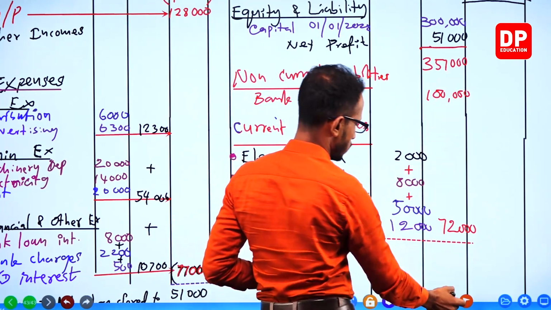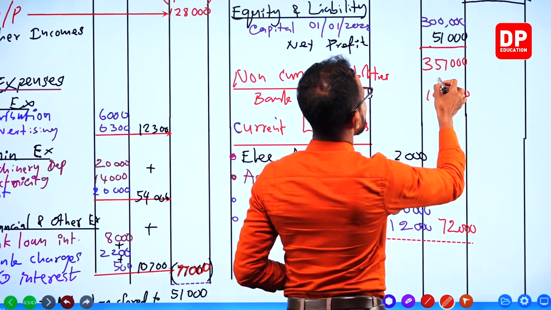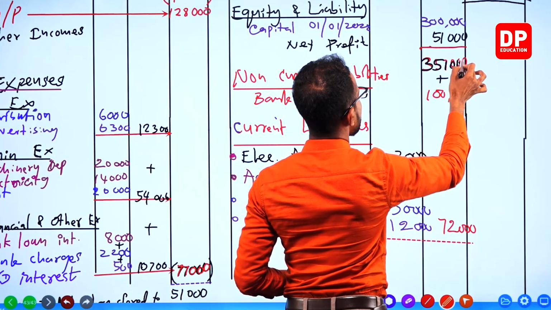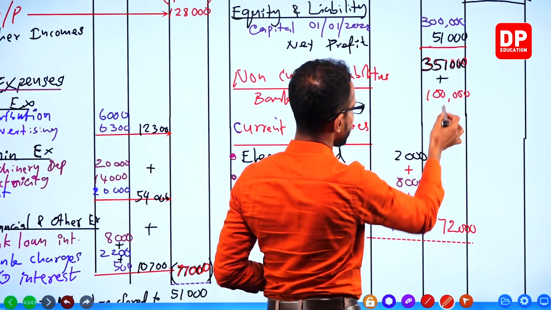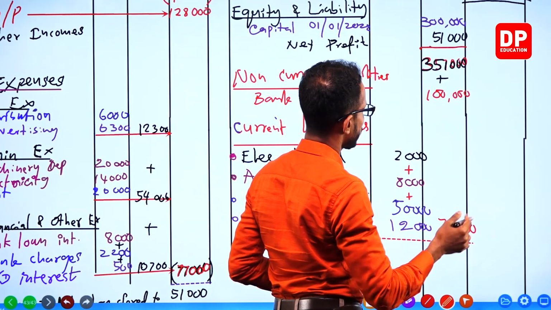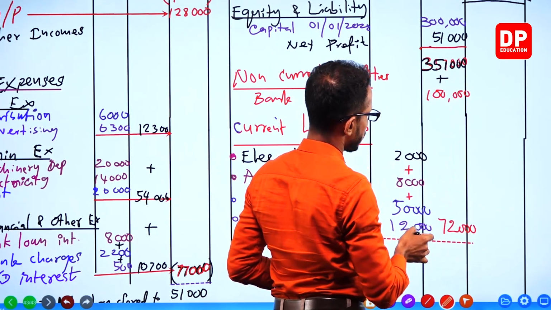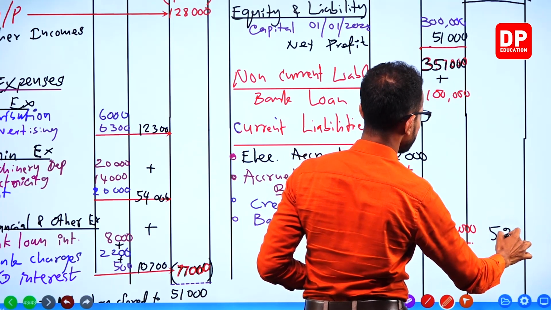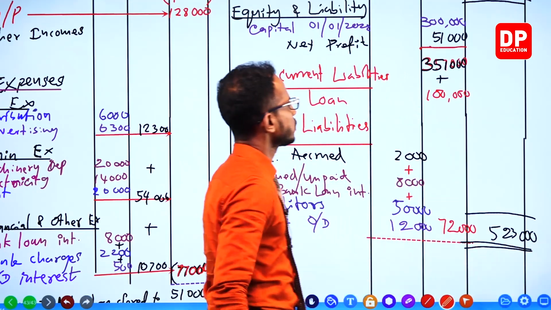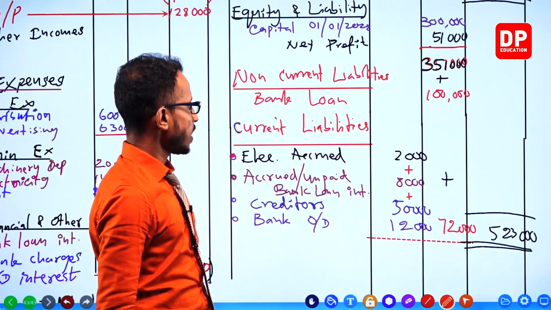How much? This is the moment. 351,000 plus 100, 451,000. 451 plus 72, 523. Done deal.